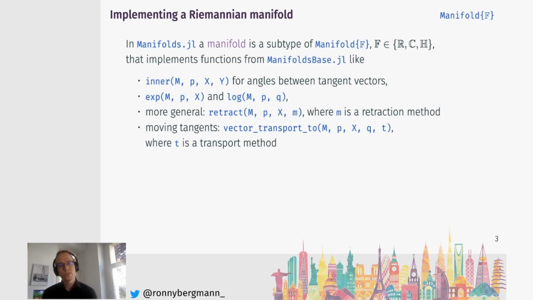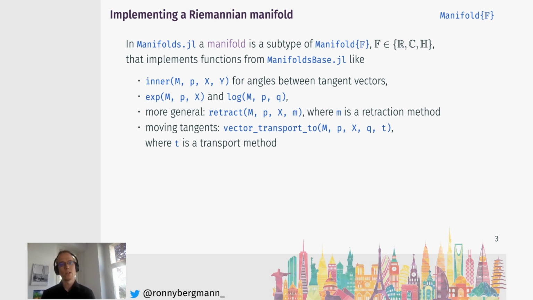So in Manifolds.jl, a manifold is a subtype of the manifold type. That's again parameterized by the field, real, complex, or quaternion valued. We only work with the real valued during this talk. And then ManifoldsBase.jl has a set of functions that you can implement for a manifold: inner, exp, and log that we just discussed.